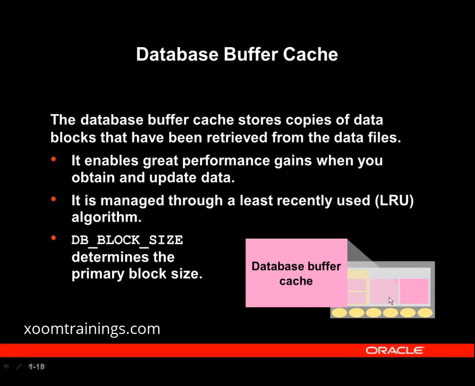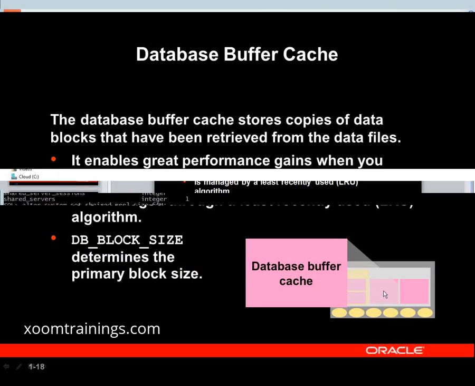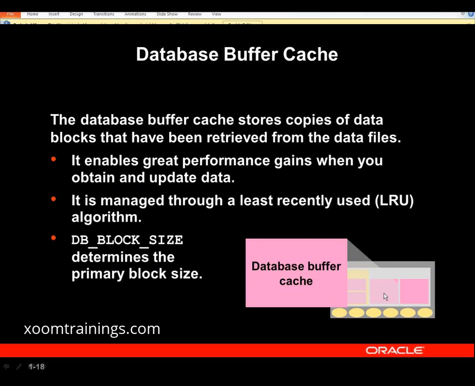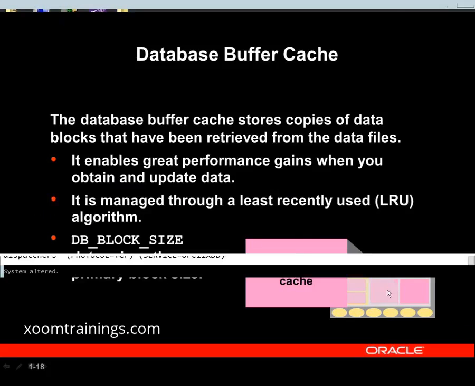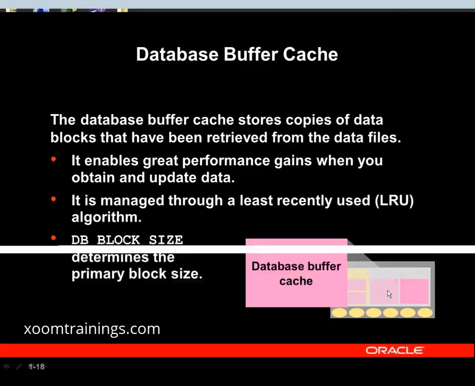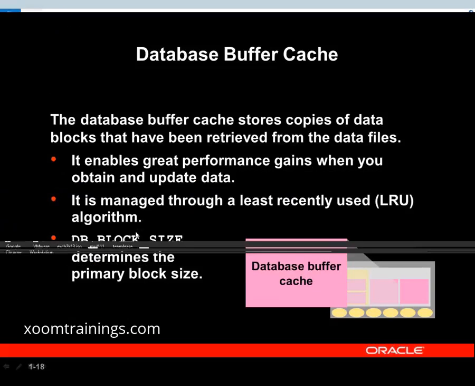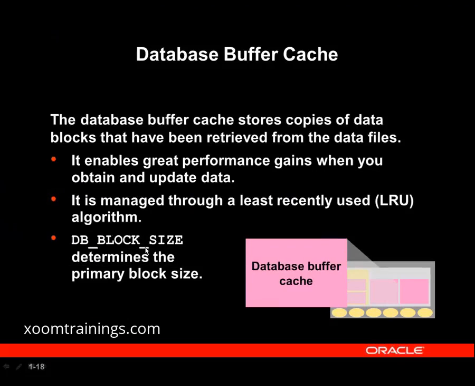Now the next thing is how much time, or what are the criteria, to store the blocks in the database buffer cache. It is managed by LRU, the least recently used algorithm, as in the shared pool. The blocks that are most recently used remain in the database buffer cache, and those that are not used much go out of it. Then there is the database block size.